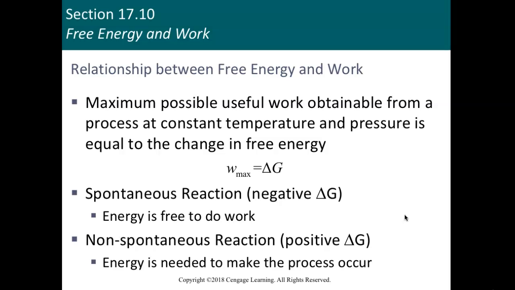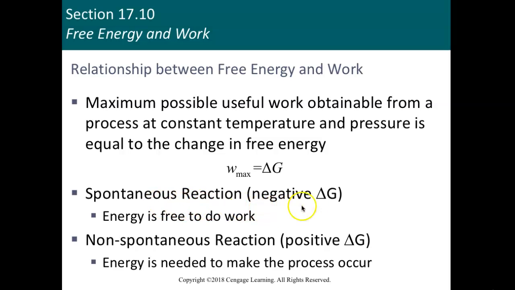Okay, the last section goes over the relationship between free energy and work. It gives us really the definition of what free energy means. Free energy is equal to the maximum amount of work that a system can do.